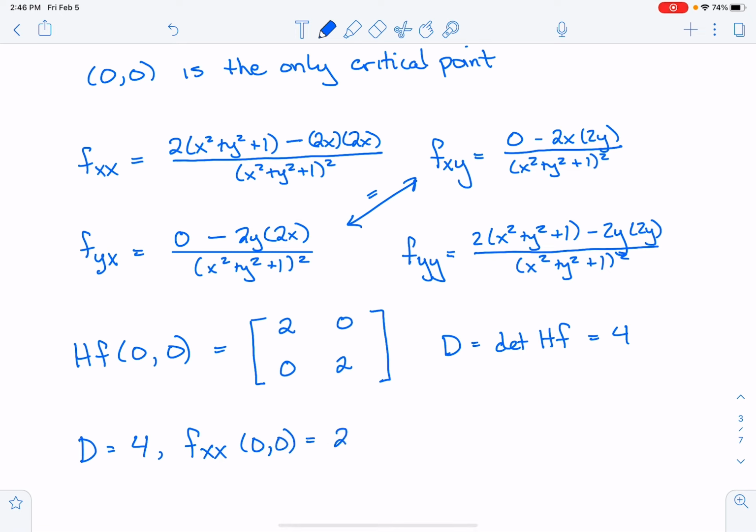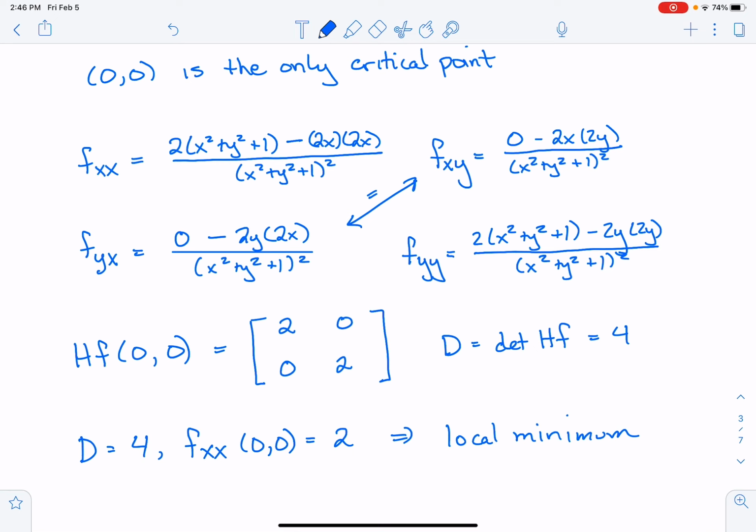And that's going to give me a local minimum. Okay, so if D is positive, I have a minimum or a maximum. And then the fact that the second derivative with respect to x is 2, which is positive, tells us that we have a local minimum.